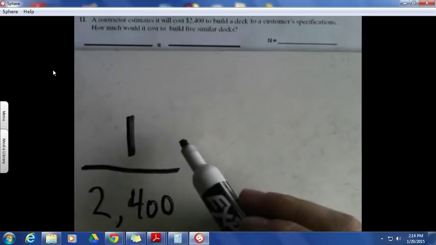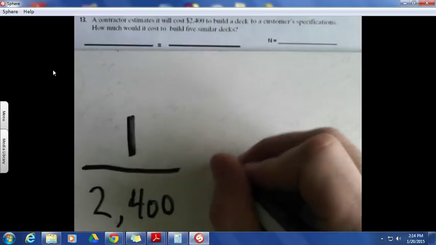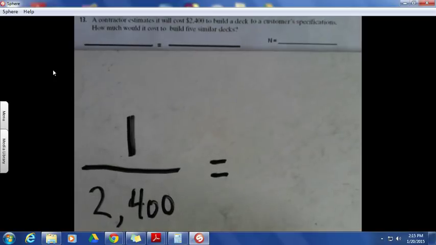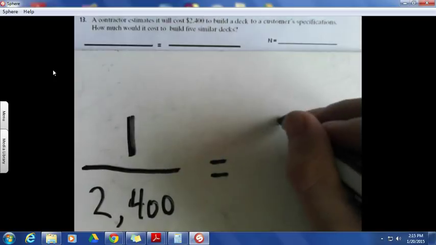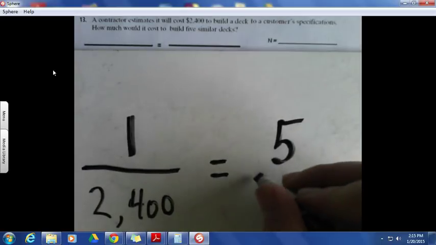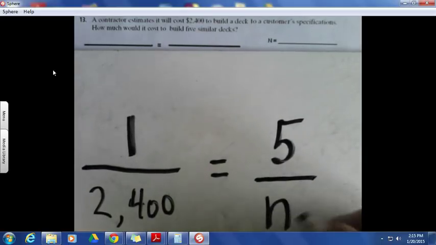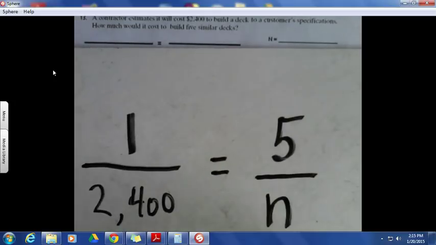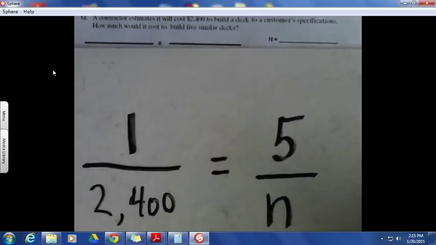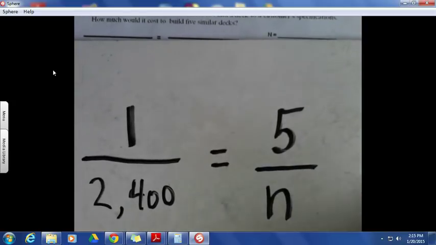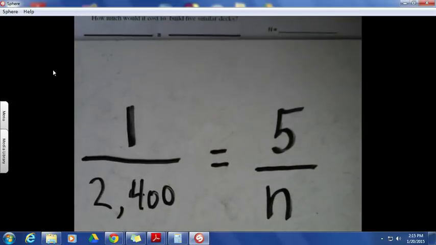So if one deck costs $2,400, how much money would 5 decks cost? Alright, so one costs $2,400. How much will 5 cost? So that's how our proportion problem will be set up.